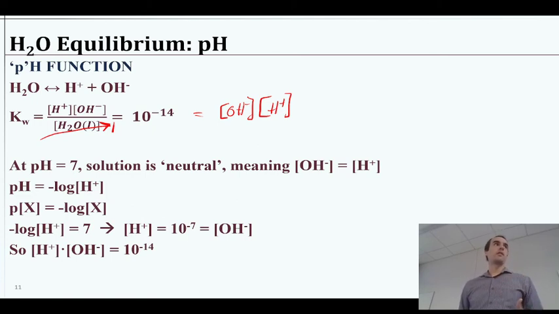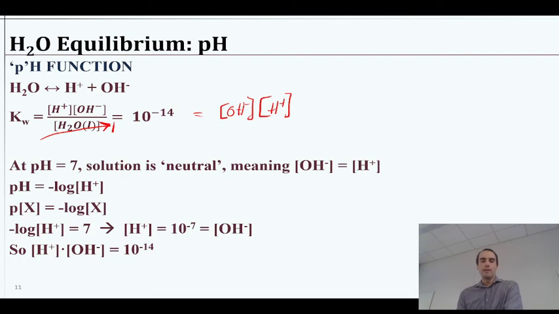It's just always going to be that way. Likewise, if we knew the concentration of one of these, assuming you commit this to memory, then you do know the other component. And so if you know the H plus concentration, you should know the OH minus concentration. They're inverted in that manner.